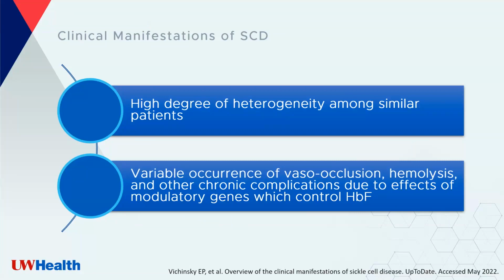And so there's also a variable occurrence of vaso-occlusion, hemolysis, and other chronic complications due to the effects of modulatory genes which can control hemoglobin F. Hemoglobin F in the realm of sickle cell disease is a positive. It's normally seen amongst infants and pediatric populations, and with higher levels of hemoglobin F, sickle cell disease is a much more manageable disease state.